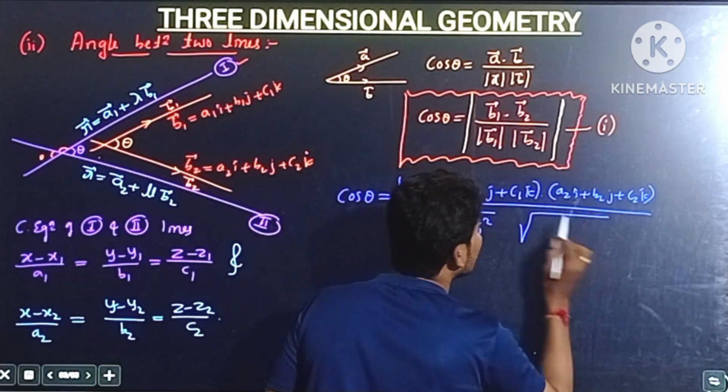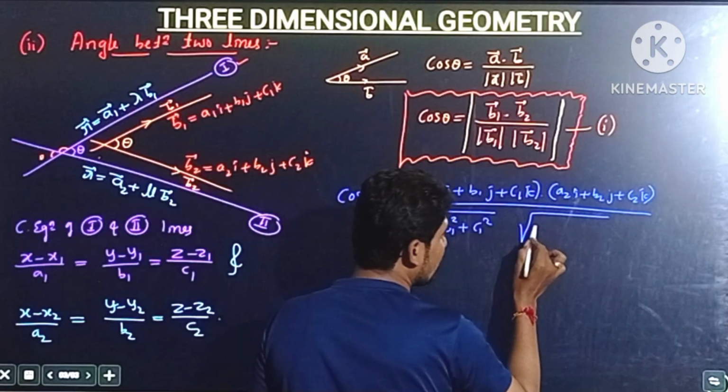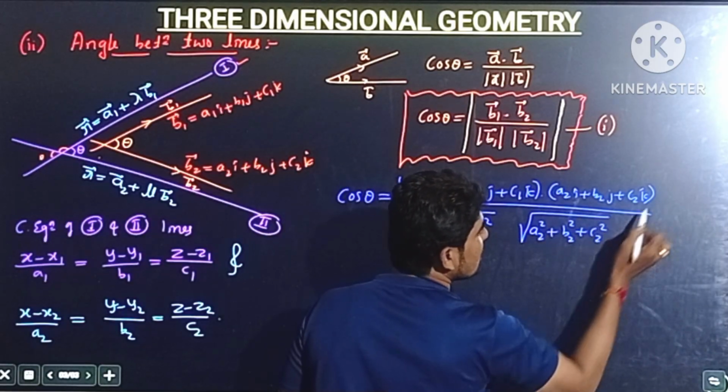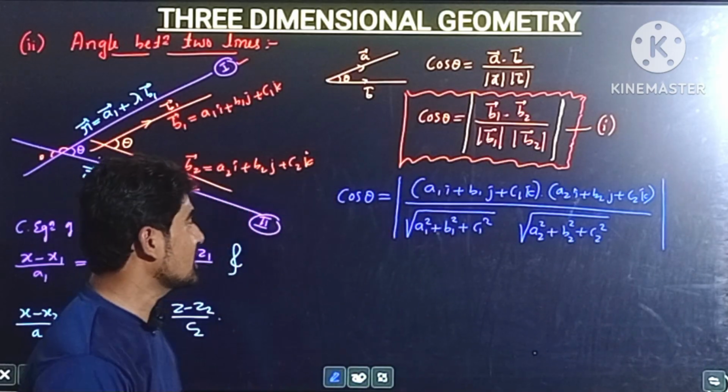Similarly, the magnitude of b2 vector is the square root of a2 square plus b2 square plus c2 square. I hope all of you are understanding.